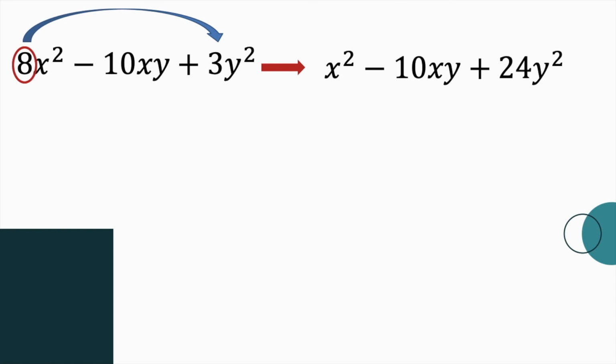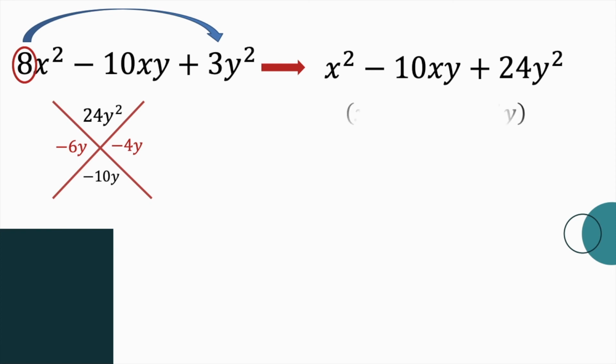Identifying the factors, we need to identify the terms that will give us a product of 24y squared and a sum of negative 10y. And the terms are negative 6y and negative 4y. Thus, the factors of x squared minus 10xy plus 24y squared are x minus 6y and x minus 4y.